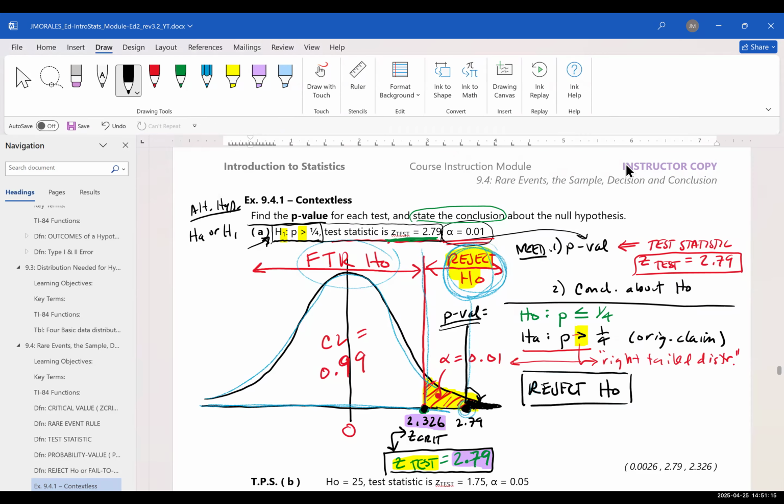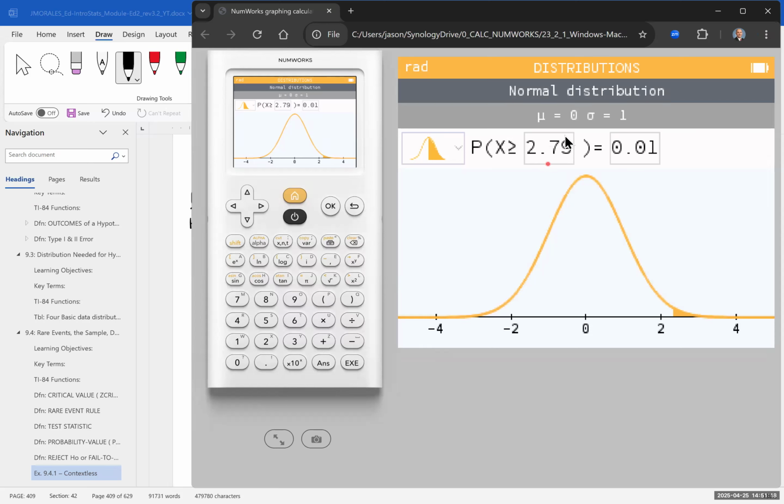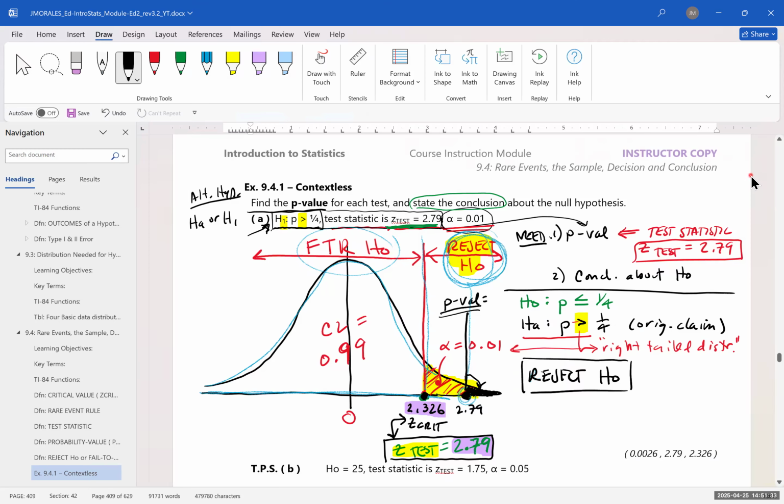Yep. Now, as I hit enter, it's going to find the area underneath this normal distribution curve to the right of 2.79. And I have an area of 0.0026. So we have a p-value of 0.0026.